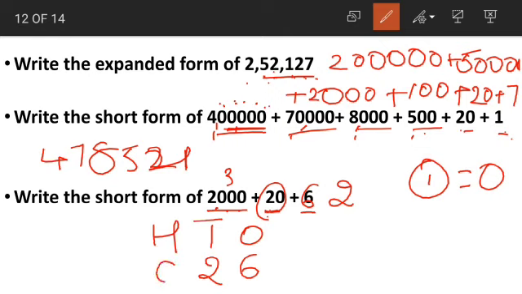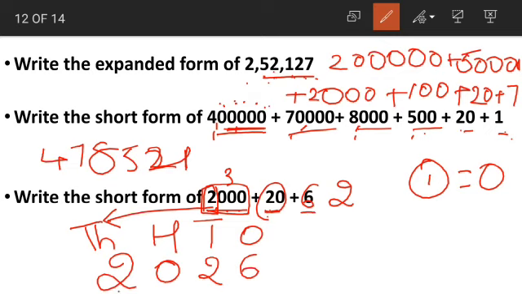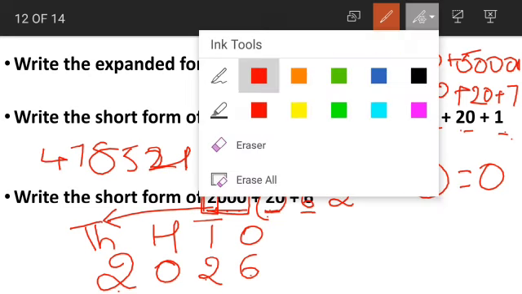Which means we have to put 0 in hundreds place. Then we have thousands place. We have 2000 here, right? So 2000 comes in thousands place. The face value of this is 2. 2026 is our required number. Understood, children? So this counting the number of zeros technique will also help you to solve the short forms correctly.